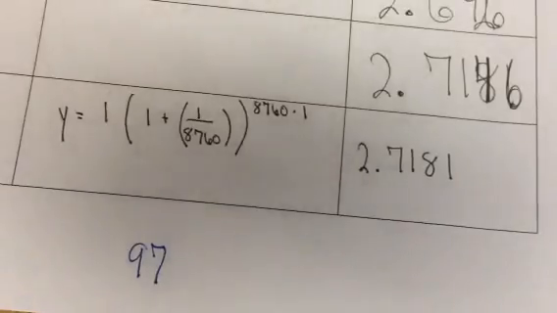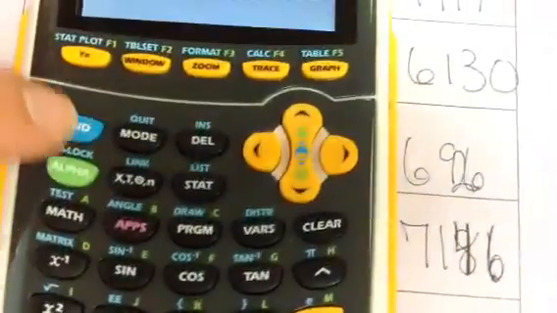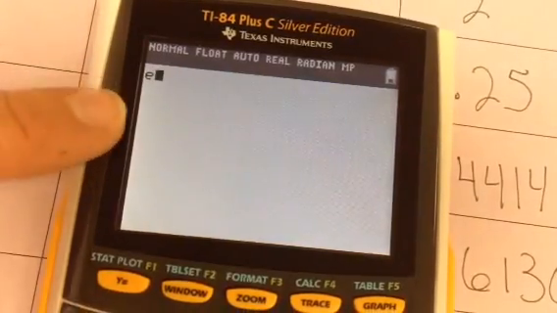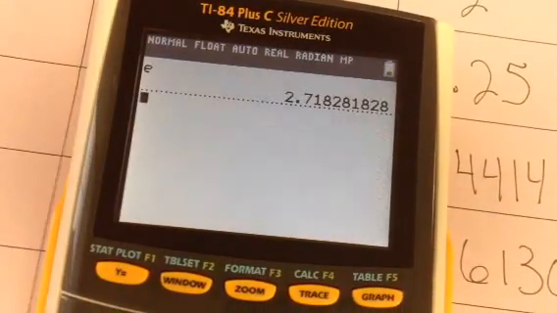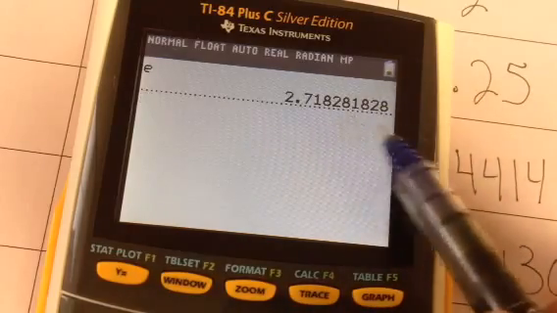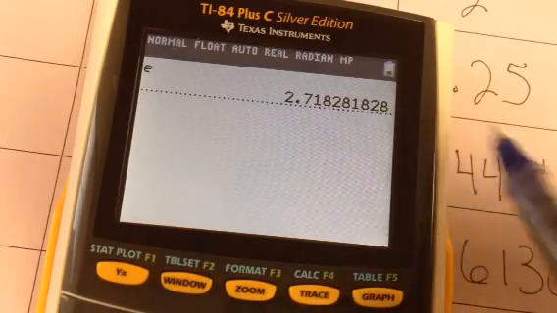And as it turns out, if you go to your calculator and you type in the second and then the division sign, E pops up, and E is worth this. And it's like pi because it never ends. This is as much as the calculator's going to hold, but this actually keeps going past the 8.